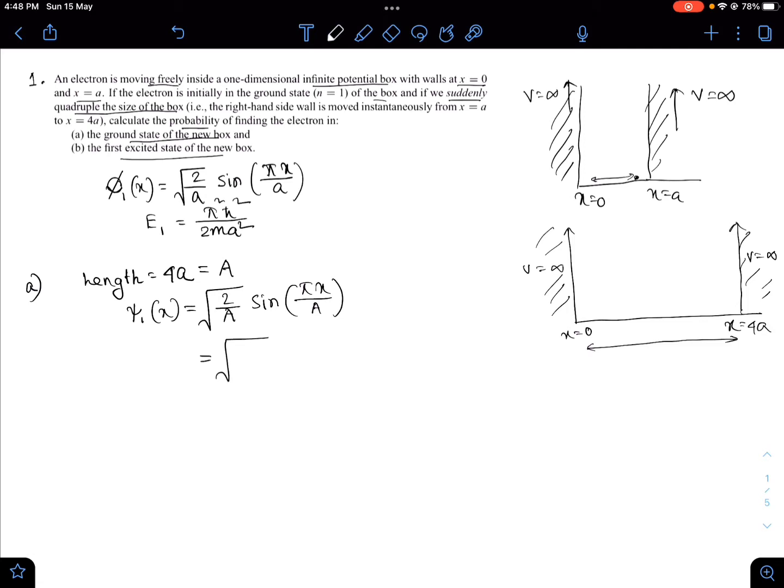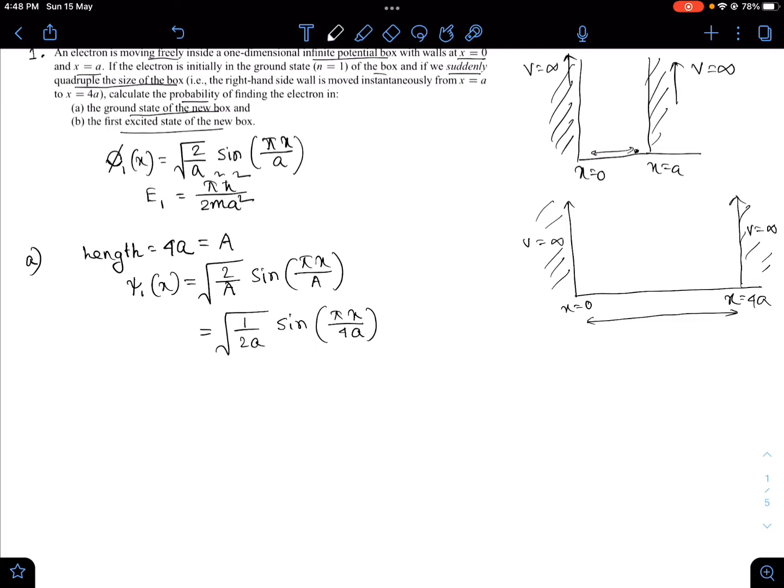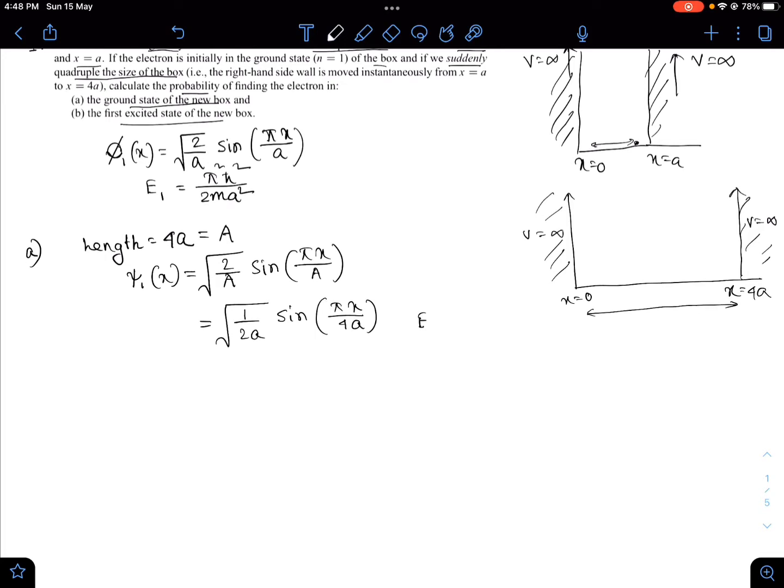So it will be root over 1 by 2a sine pi x by 4a. That is our ground state wave function, and it will have energy. Let us write the energy. It will have E1 dashed, pi square h cut square by 2m, and a has value 4a, so it will be 16a square. That means pi square h cut square by 32 m a square.